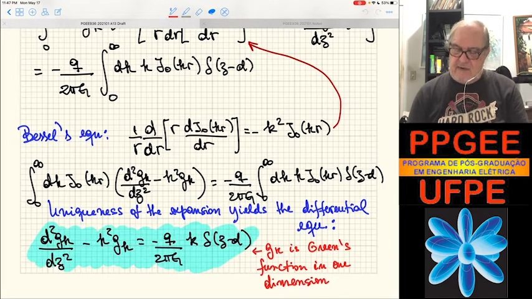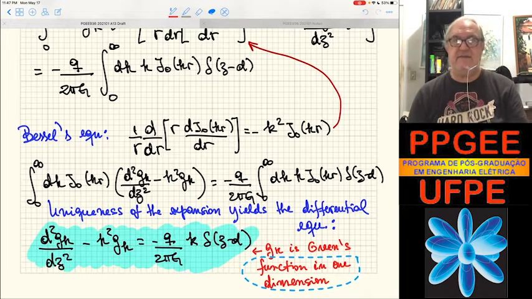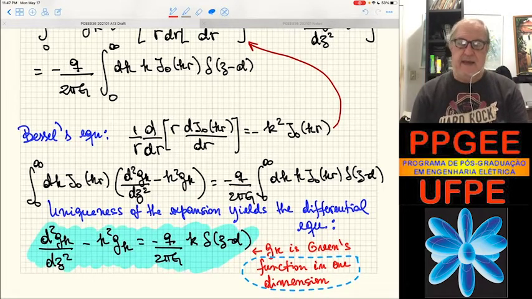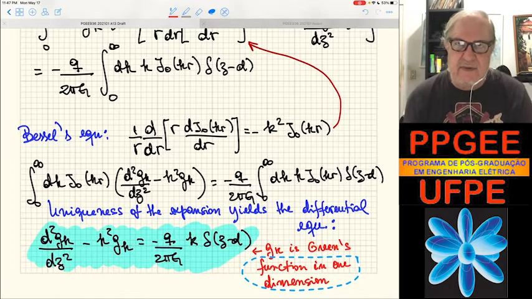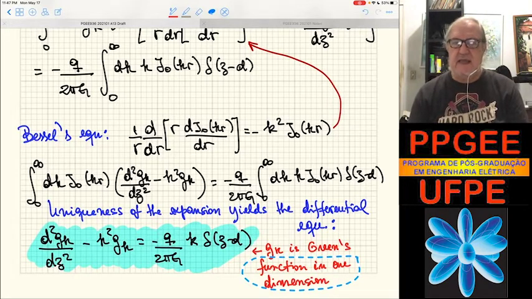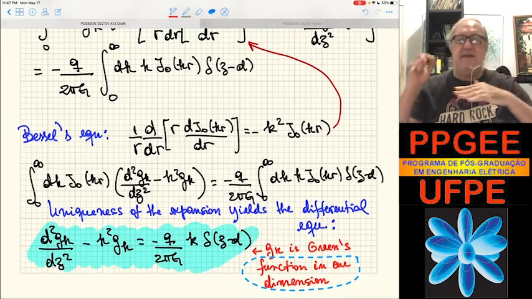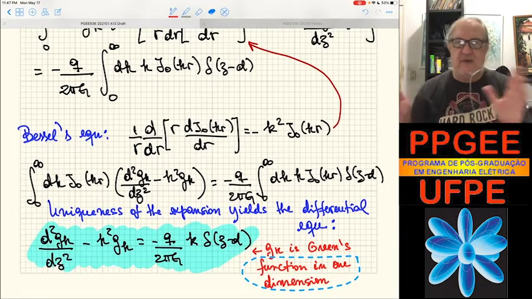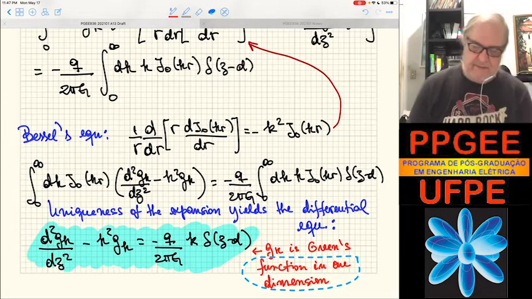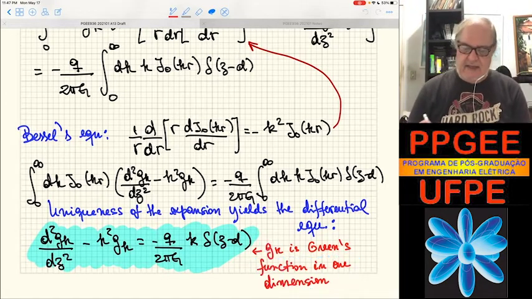So gk is like a Green's function in one dimension. Okay? But this is not a simple Green's function in which the Green's function is 0 at infinity, but not at z equals 0. So we are not going to use symmetry here. Okay? But we are going to solve it.